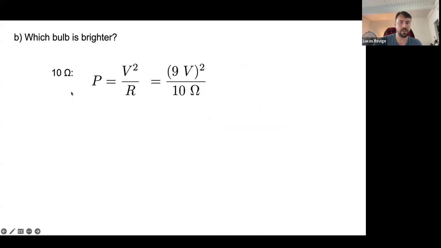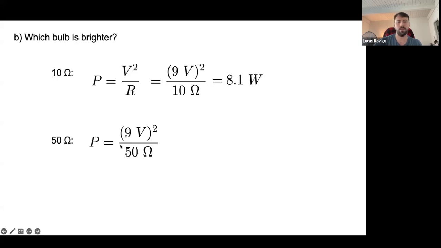And so if we do that, then for the 10 ohm resistor, we calculate V squared divided by the resistance, and it gives us 8.1 watts. And for the other resistor, now we have 9 volts squared divided by 50 ohms, and that gives us 1.6 watts.